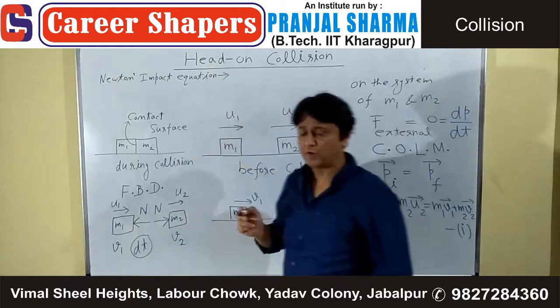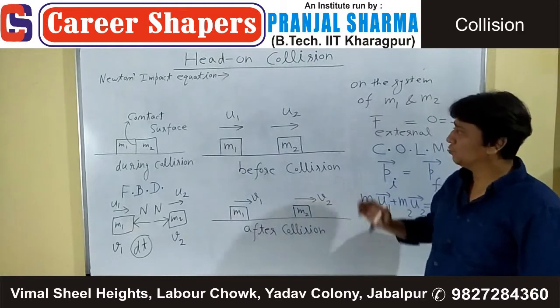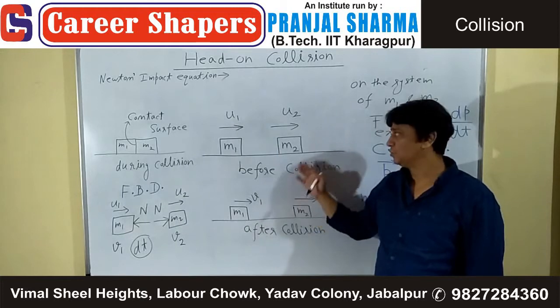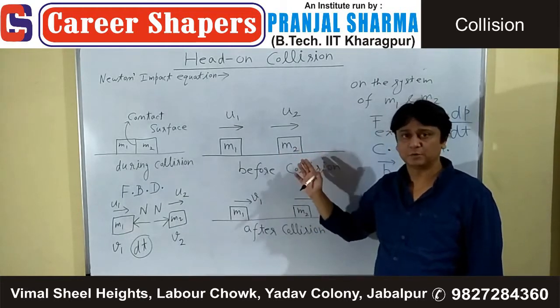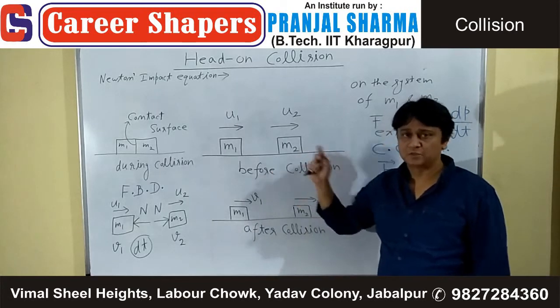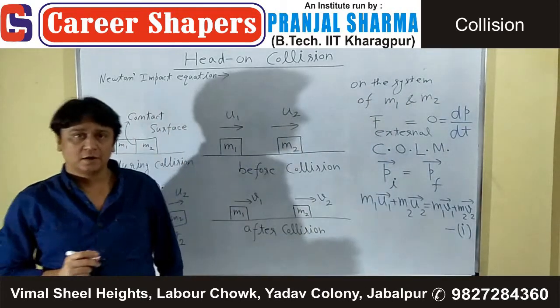Now what Newton found is that if you take relative velocities after collision and relative velocities before collision and go for the ratio, then for a given set of objects this ratio was a constant.